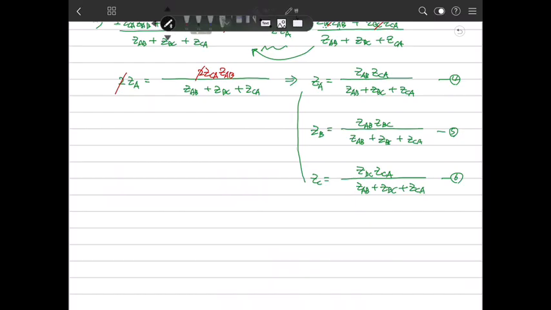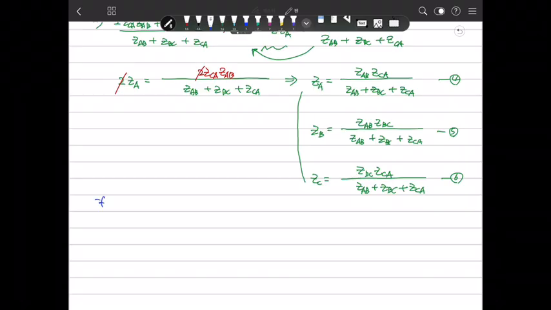So if the load is balanced, what's the meaning of that? That means GAB, GBC, GCA are the same value, G delta.